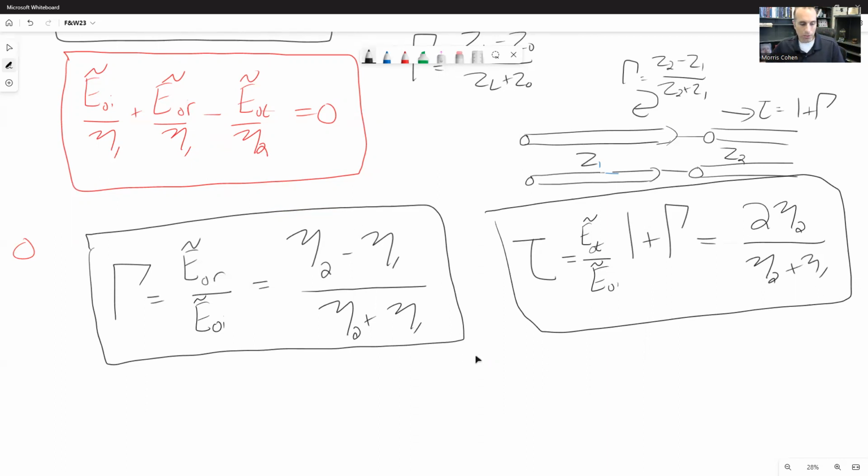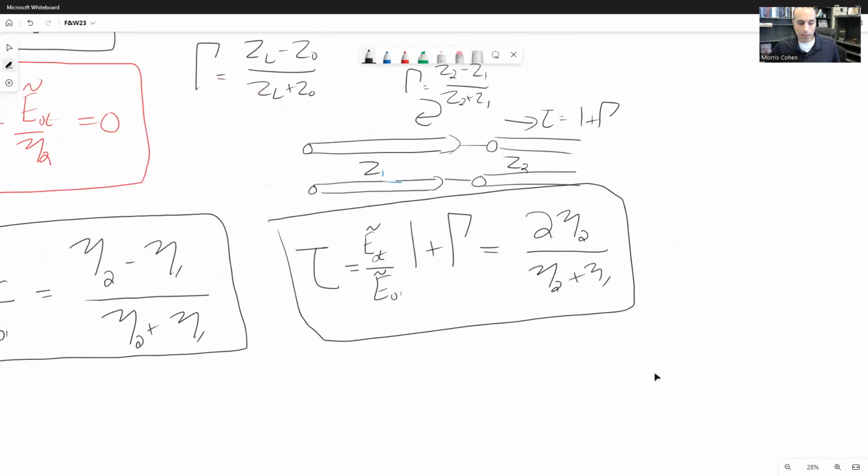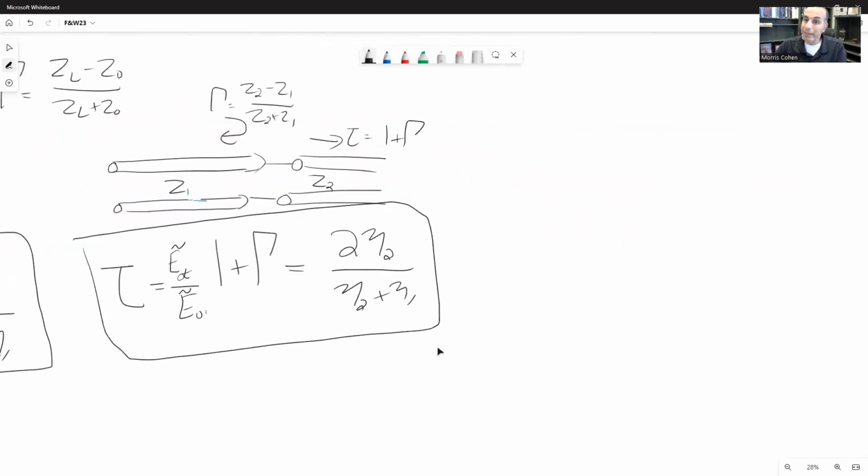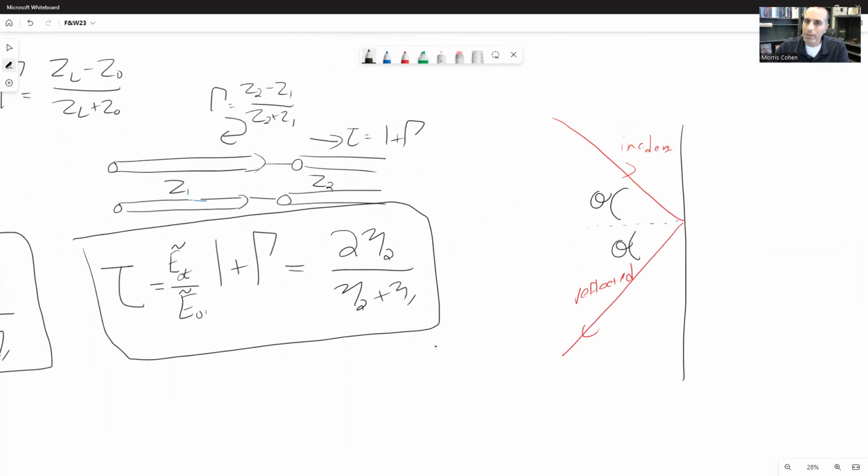Now, things will change, and I won't get into the details here. Things will change if we have oblique incidence, meaning a case where we have a wave coming in at an angle. So this is incidence. We are going to have a reflected wave that comes over here. And this angle theta right here will be the same as this angle.